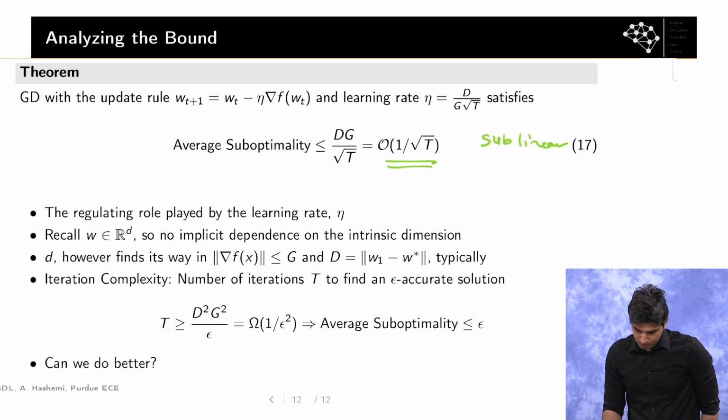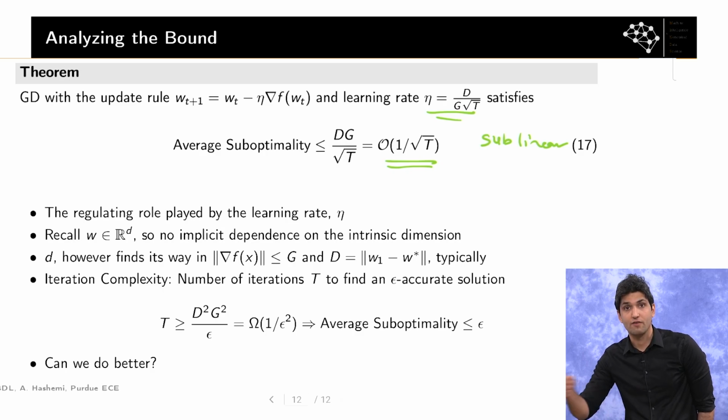Another thing that I want to point out is the regulating role that the learning rate plays. The learning rate is proportional to d, but inversely proportional to g. To interpret this, we can think of eta doing the following. If we are further away at initialization from the optimal point, eta has to be larger to make sure we converge faster.